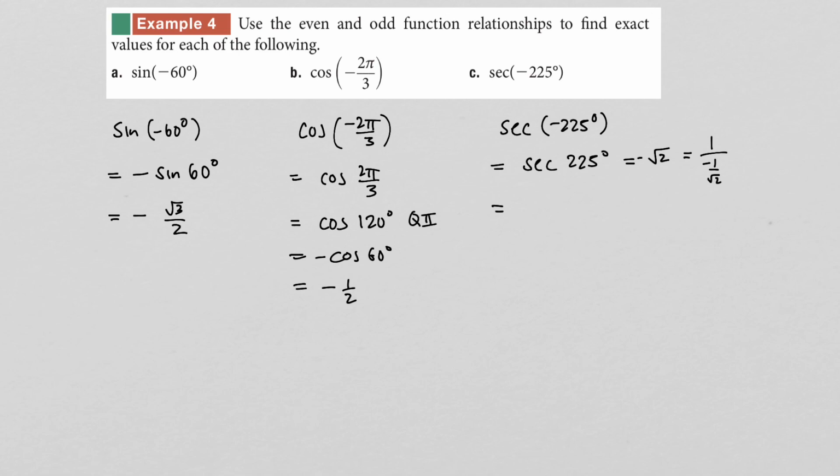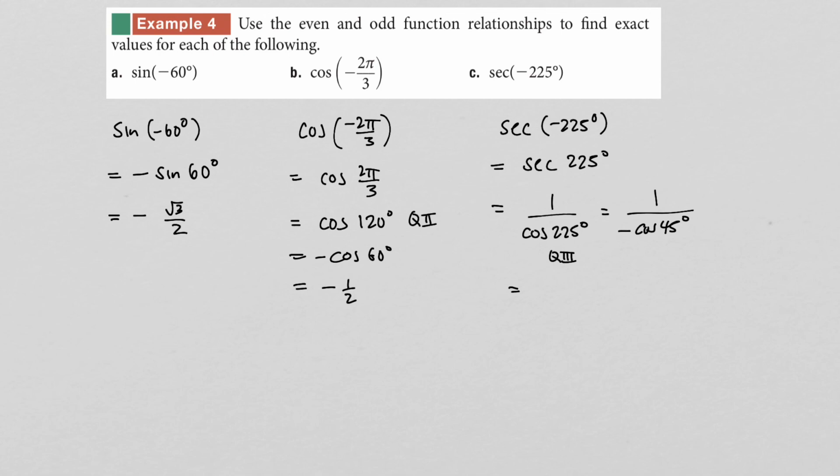But how would you do it if you didn't have the unit circle? So again, what I do is I say, well, secant of 225 is 1 over cosine of 225, right? And then 225 has a reference angle of 45 degrees. And 225 is in quadrant 3, and cosine is negative in quadrant 3.